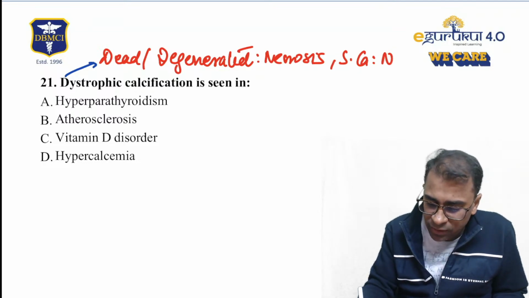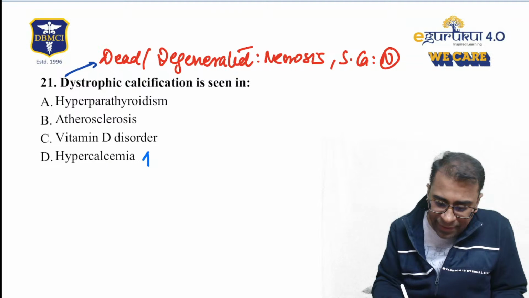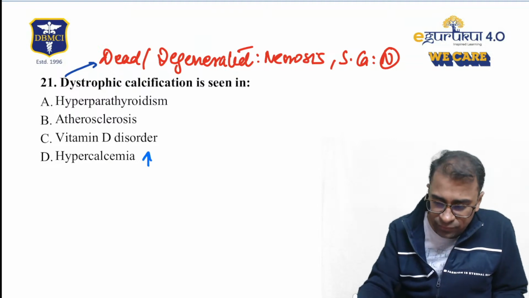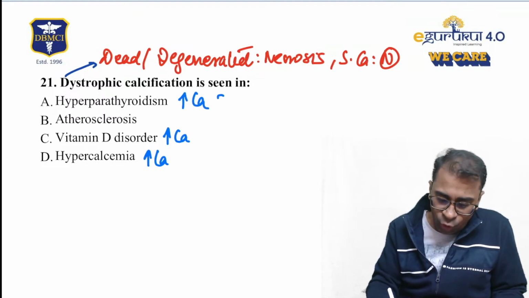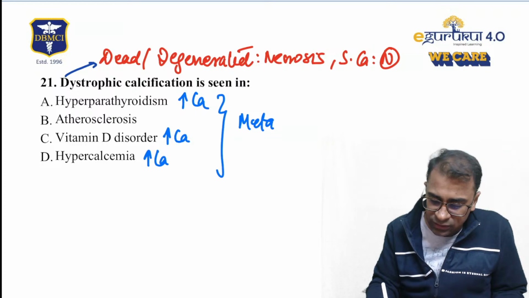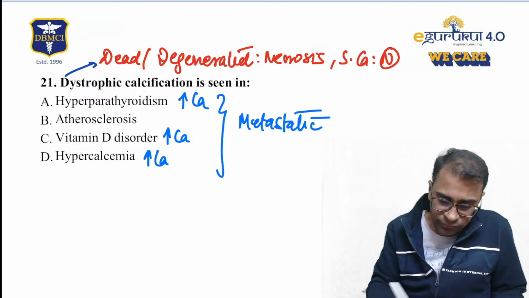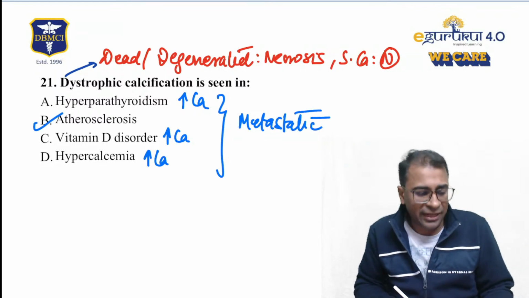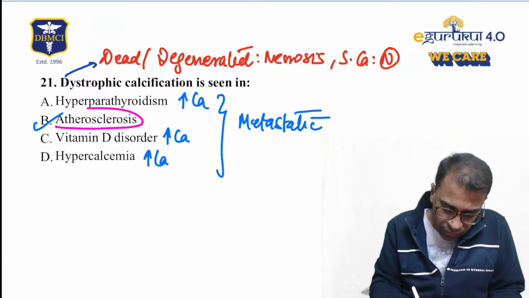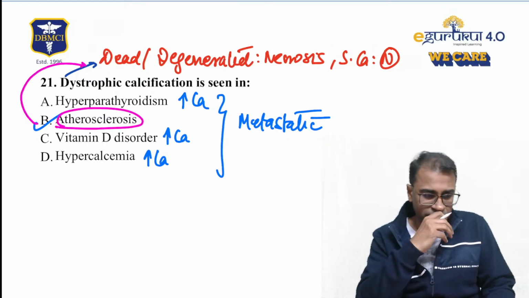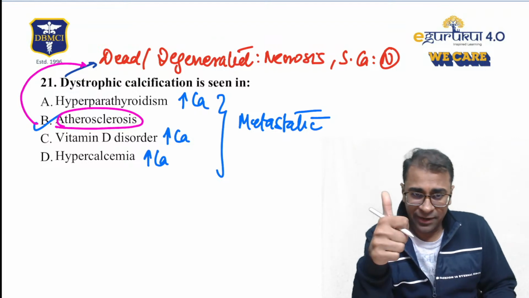It should be normal. In hypercalcemia there will be a high calcium level, increased calcium. Vitamin D excess also has a high calcium level. This also has a high calcium level. So all of these three are metastatic calcifications. The answer is B, atherosclerosis, because this will show you a dystrophic calcification. Okay, clear?